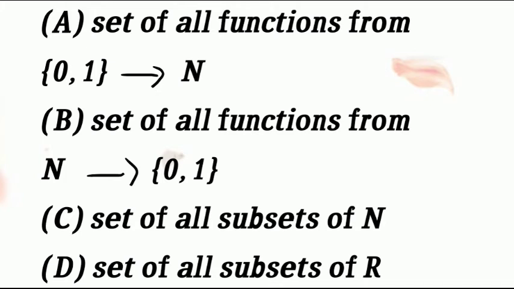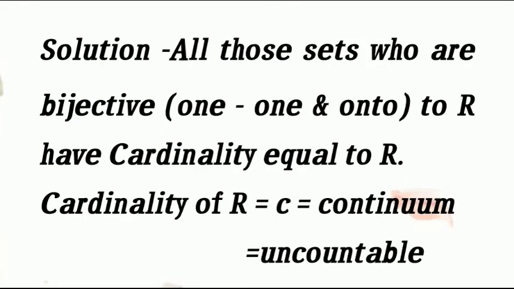So friends, here we have to find which of them are bijective to R. So here, first of all, we know that all those sets which are bijective, that is one-one and onto, to R, have cardinality equal to R. That is, all those sets in which the number of elements is equal to that of R are bijective to R. And here the cardinality of R, that is the number of all members of R, is equal to C, and which is uncountable.